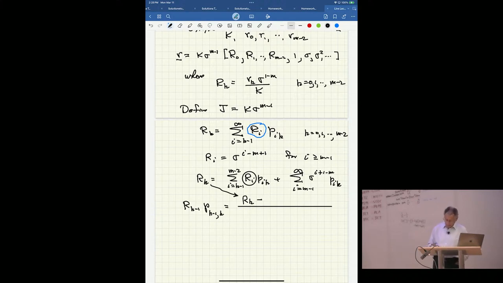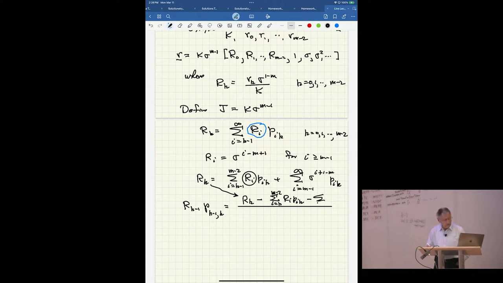Minus, and by the way, I'm putting a minus sign on the whole thing, minus the rest of this first sum, which is i equals k now, since I took the k minus 1 out, up to m minus 2 of r sub i p sub ik, plus this term on the right, which is the sigma term. Let's add that, and that's again a minus because I put a minus on everything.